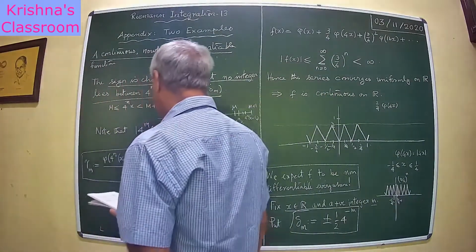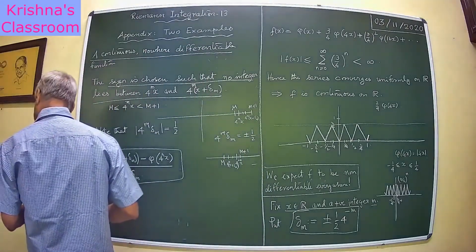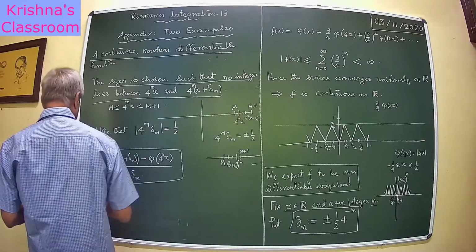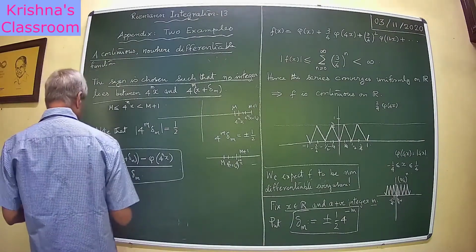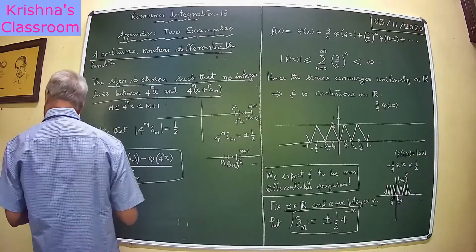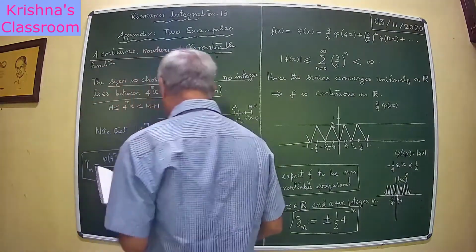Now we first observe the following. Sorry, not this. I think I said it wrongly. It is not gamma m, but what we are going to work with is f. So we are going to work with the following.